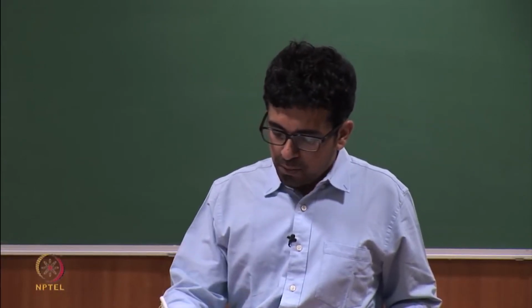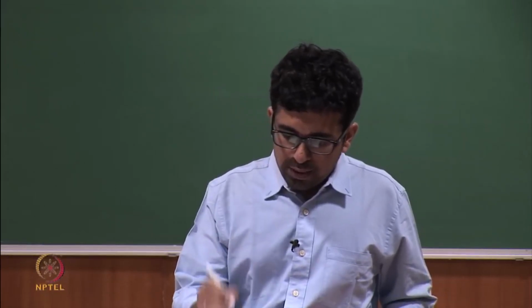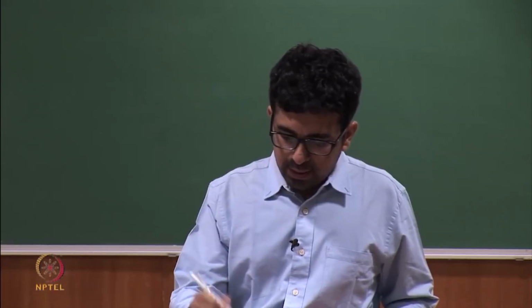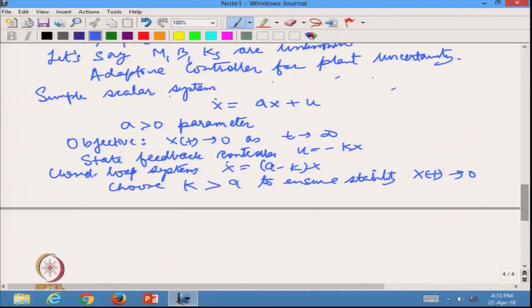So, how would you go about designing k to meet this objective? Of course, you would want to choose the eigenvalues to be on the left hand side, right. So, in order to do that, you would have to choose k to be greater than a to ensure stability and to make sure that x of t goes to 0 as t goes to infinity, right. Now, this again is based on the assumption that the parameter a is known to us, right.